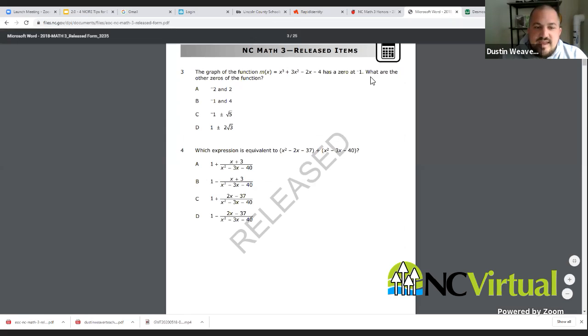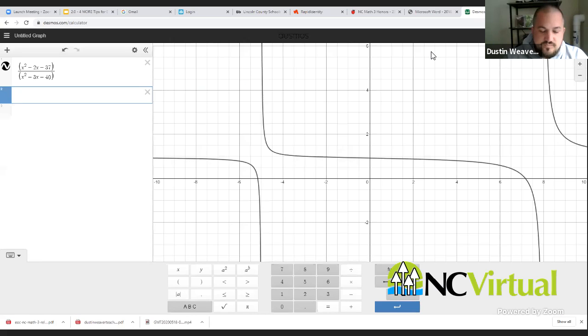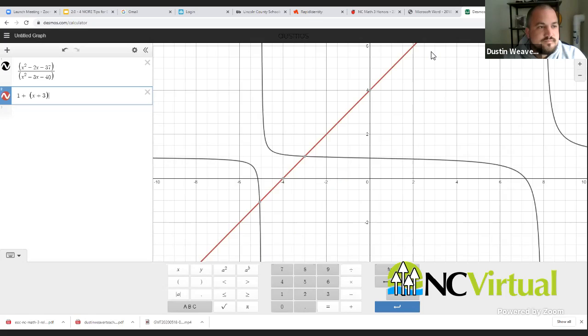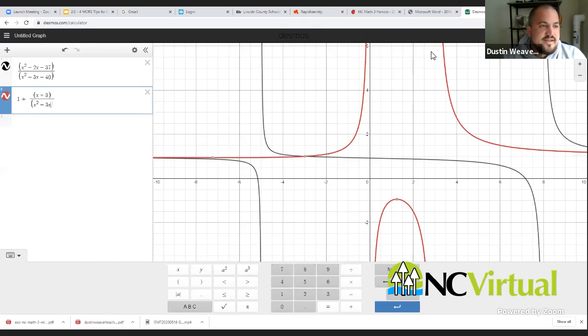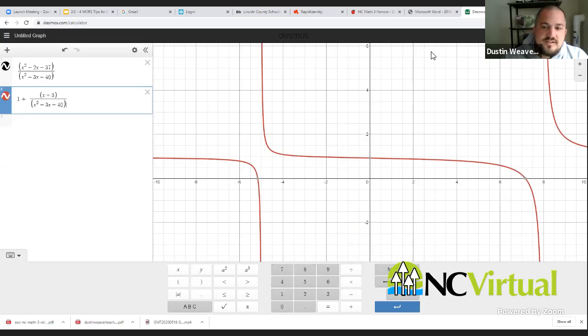And then we can look at these. 1 plus x plus 3, over x squared minus 3x minus 40. So now here is how you get your answer.